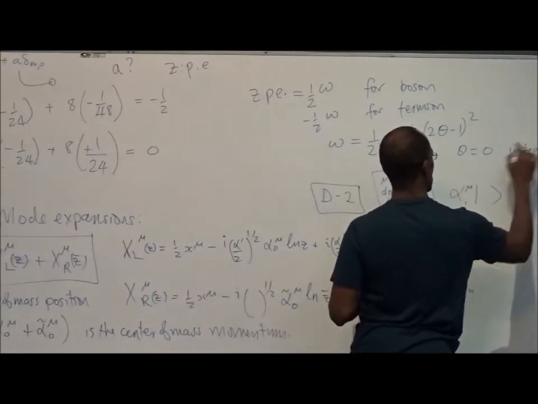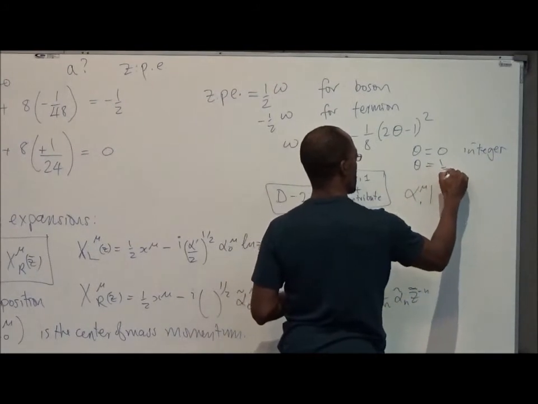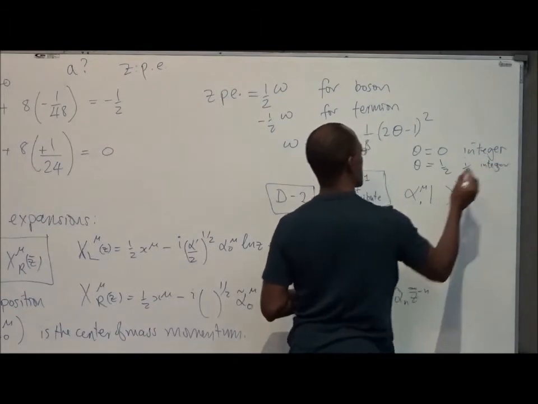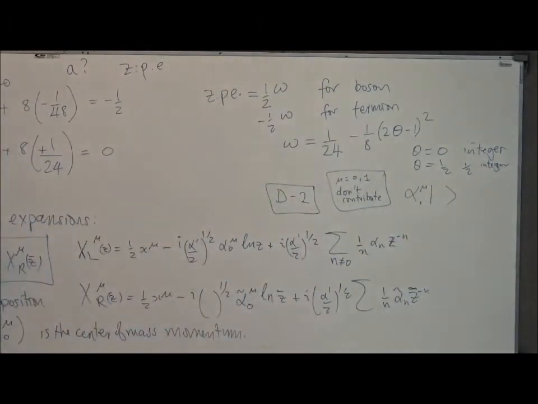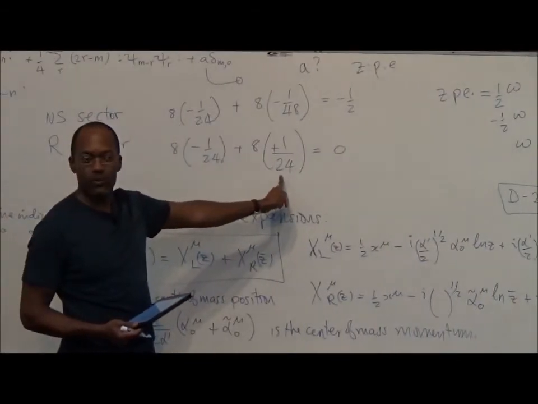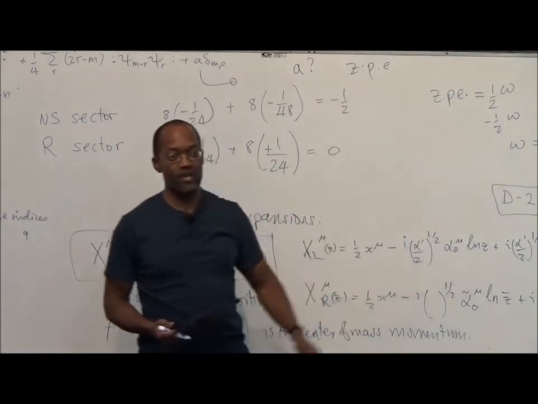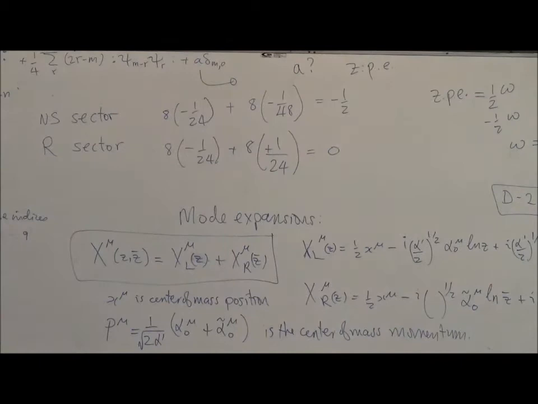If the modes are integer, I use theta equals 0. If the modes are half integer, it's theta equals 1/2. The reason I write that is because I will have situations where I have bosons that are also antiperiodic, and I'll need to compute the zero-point energy. Right now, you've maybe just seen this calculation where I always have periodic bosons and then either antiperiodic or periodic fermions. We're going to be going more general than that, so this will help us. So keep a note of that formula.